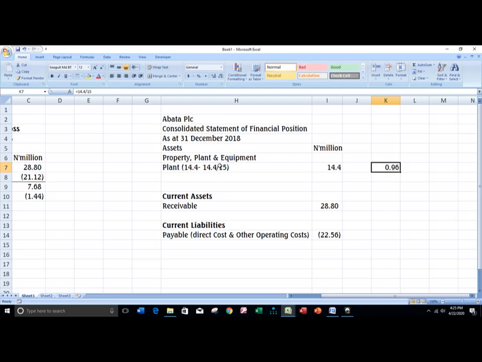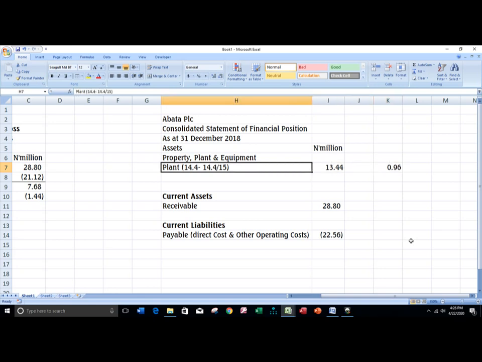So per year, you're charging 0.96. So I will deduct this 0.96 from whatever answer I have here. So if you're following, good, brilliant. So 13.44.